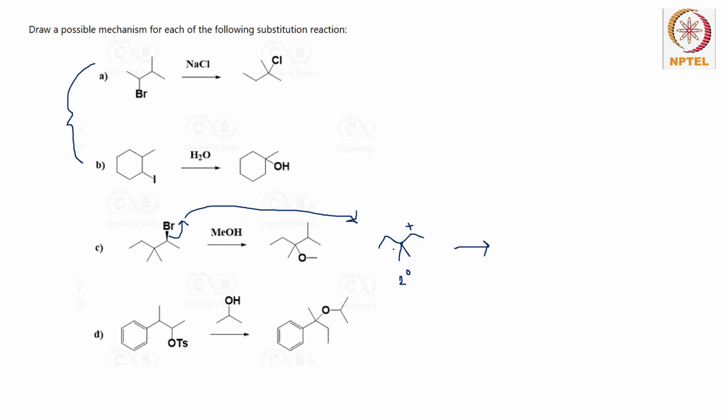Now we all know it is easier to shift a small box than a big box. If you have to shift from one place to another, a big box and a small box, you can easily shift the small box. So obviously the shifting of methyl is easier than shifting of the ethyl group, that's why one of the methyl groups will be shifted to this carbon.